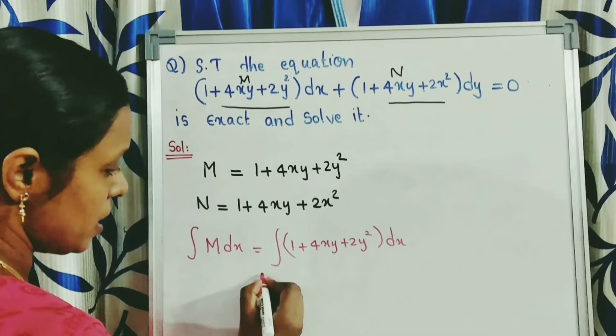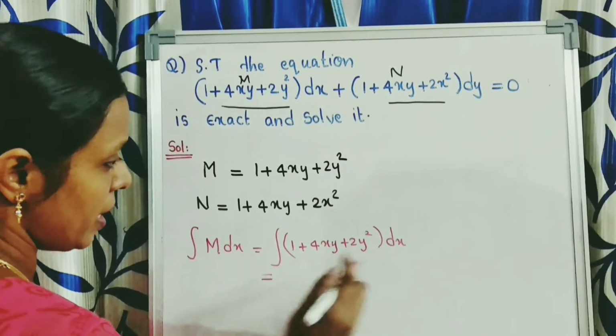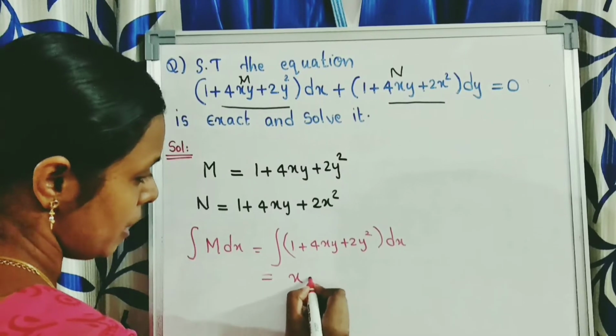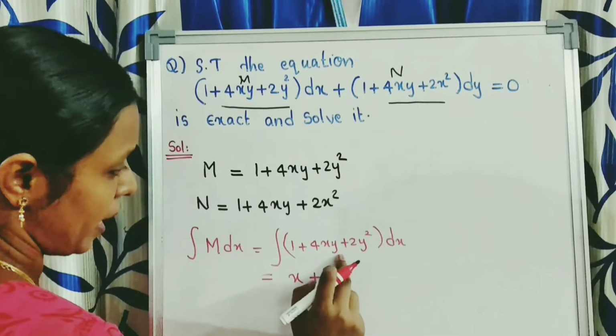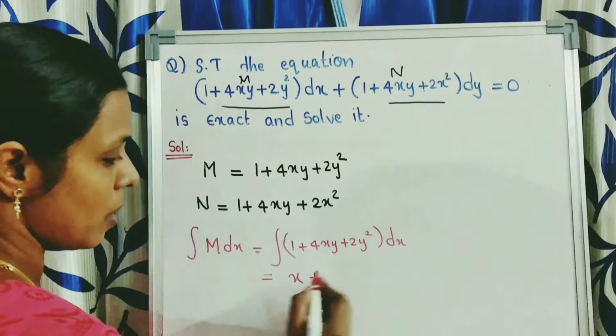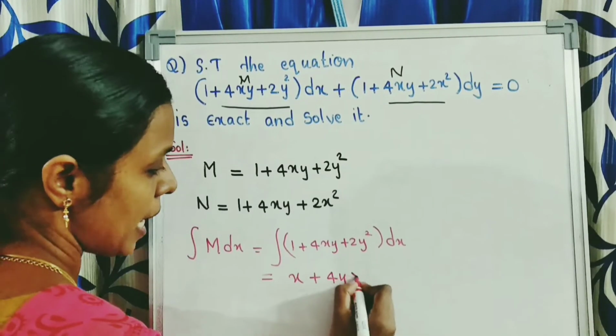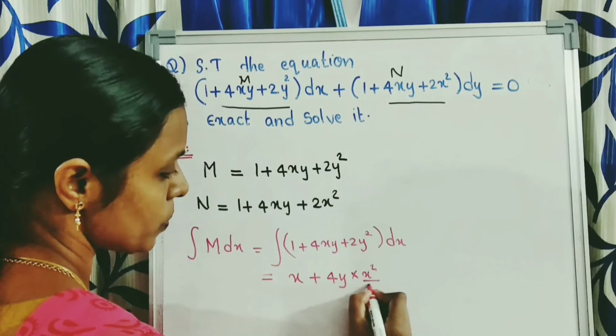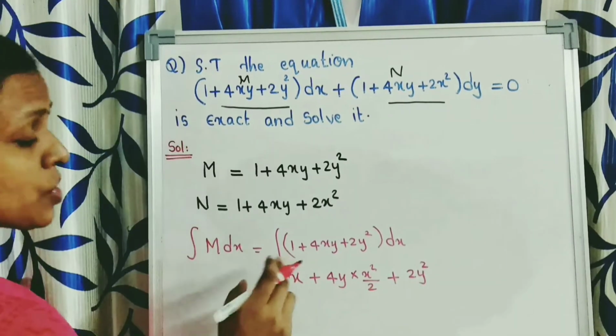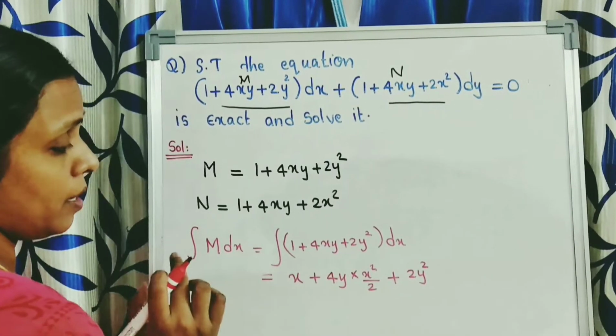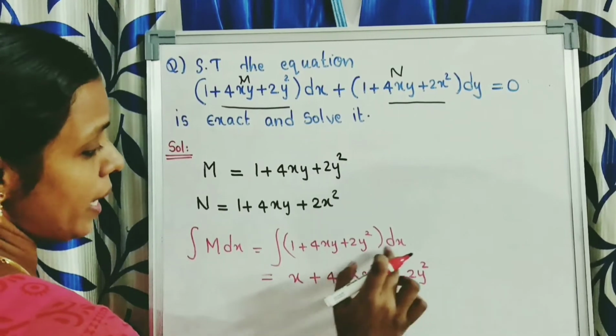The integral of 1 dx is x. Plus, in 4xy, we consider 4y as constant, and 4y into the integral of x is x²/2. Plus the next term, the integral of 2y² dx.